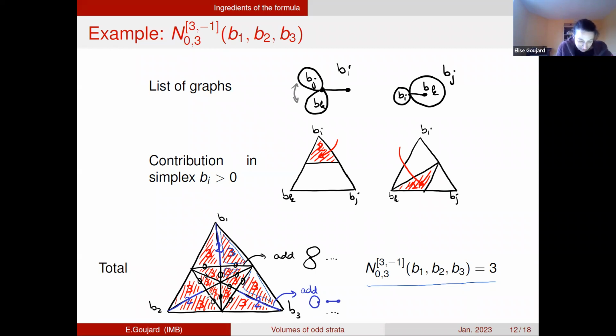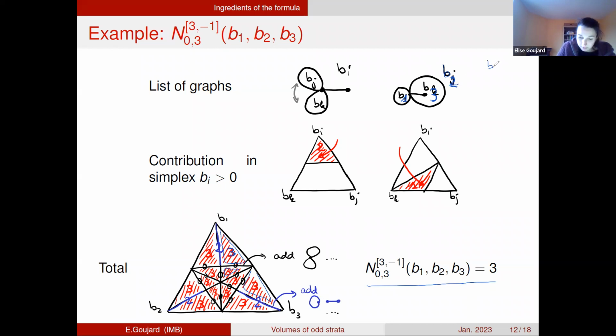The difference between 3 and the count of integer matrices is the contribution on the walls. So if you look at what happens when, for instance, B1 equals B2, I'm looking at what happens here.